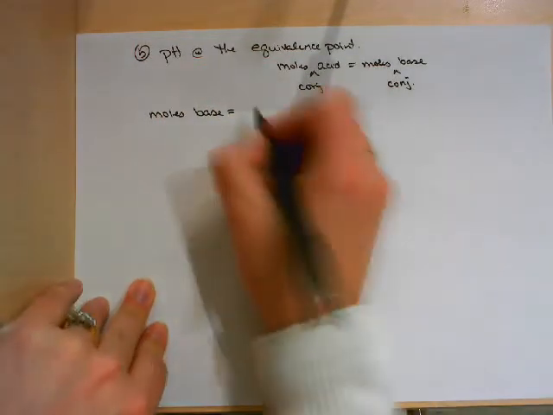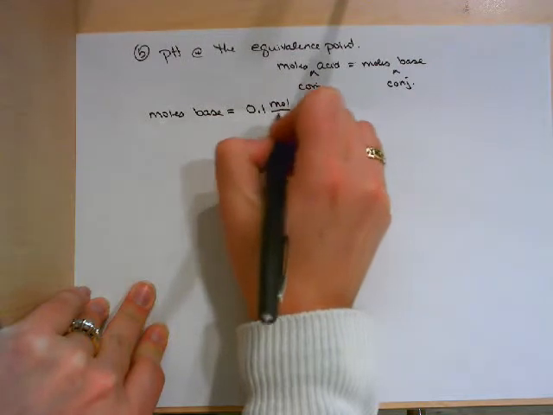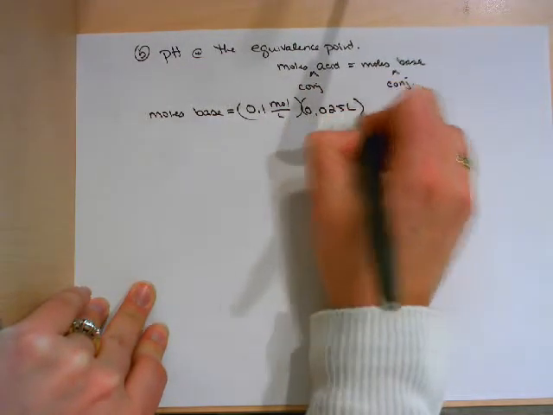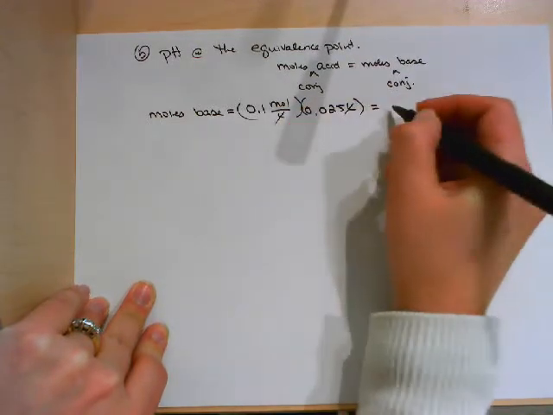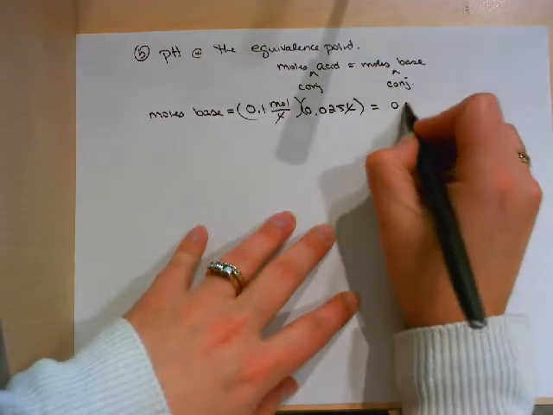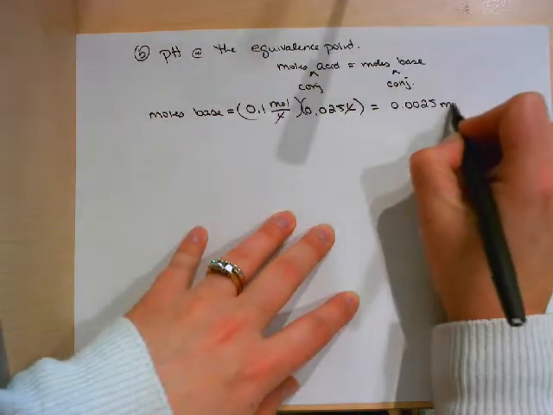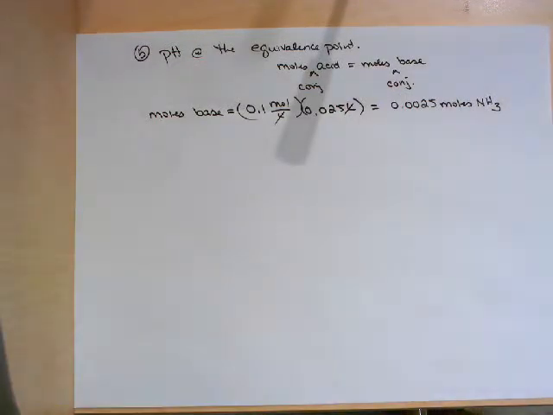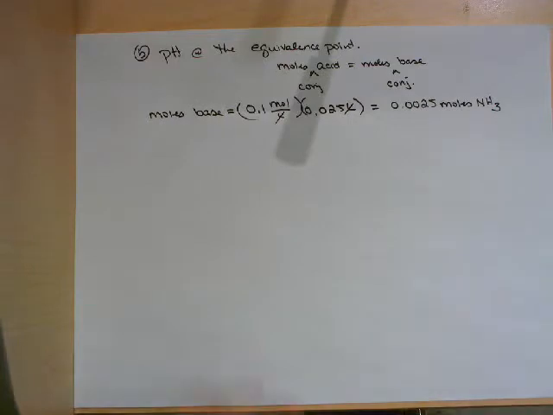3.1 per liter. Alright, so I know initially I have that many moles of base. At the equivalence point, how many moles of its conjugate acid should there be? The same. Okay.